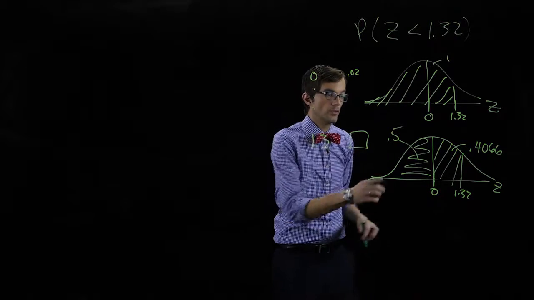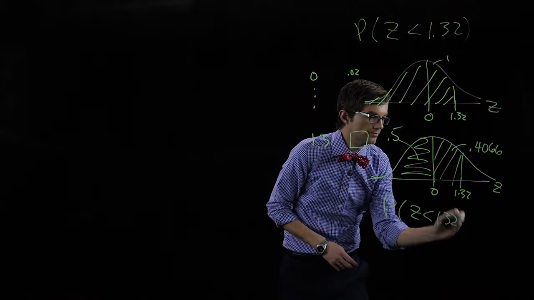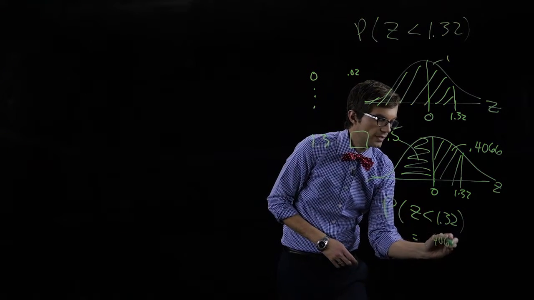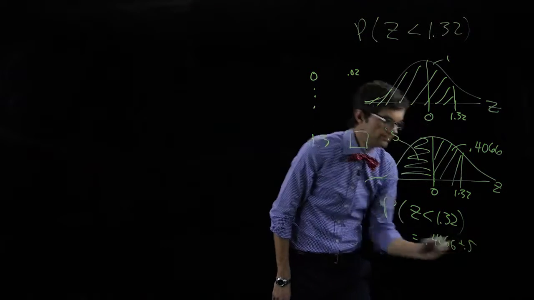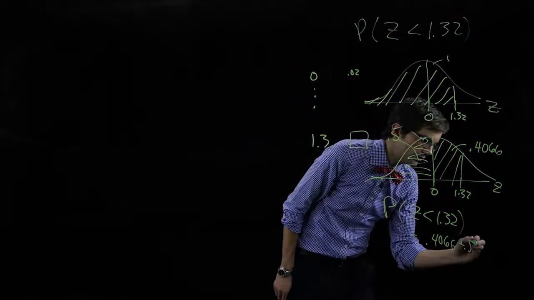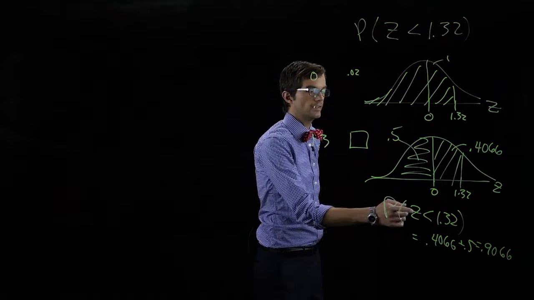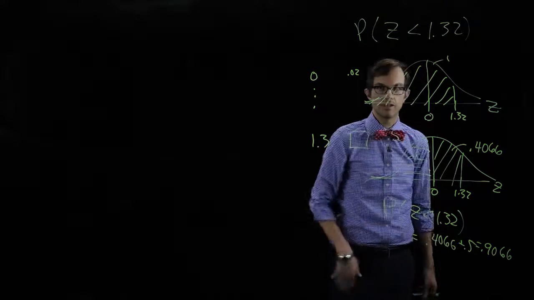So what's the probability that z is less than 1.32? It is 0.4066, this area, plus all this area, 0.5. And that is 0.9066. The probability that z takes on a value less than 1.32 is 0.9066.